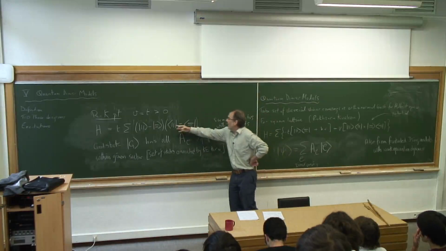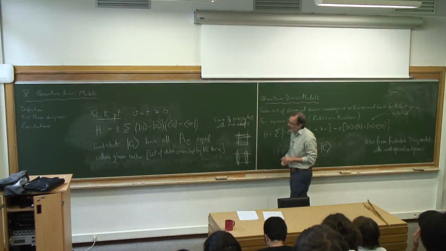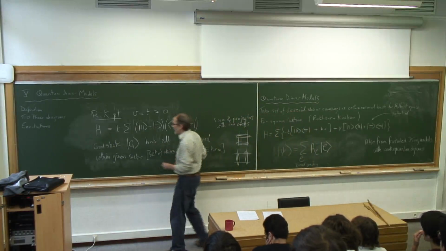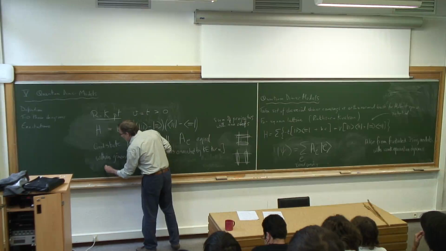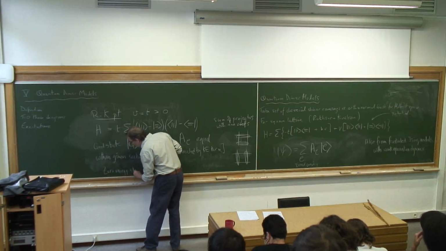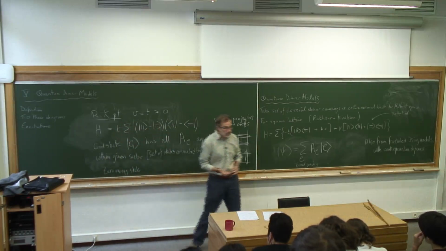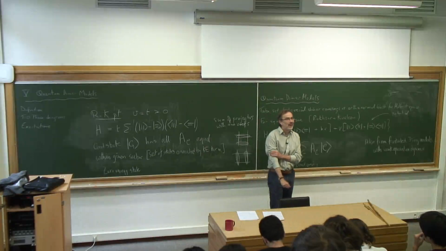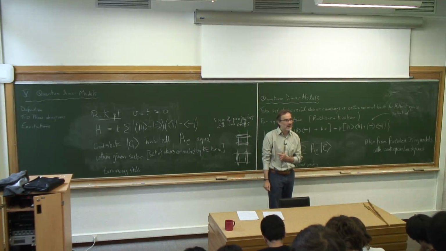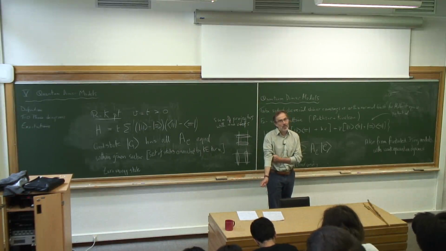And so this projector, again, annihilates that state. So this is a state with zero energy. So I hope that's clear, but if any part of the argument is not, then say now, please.